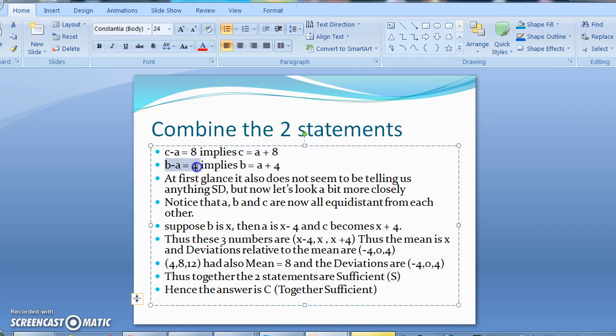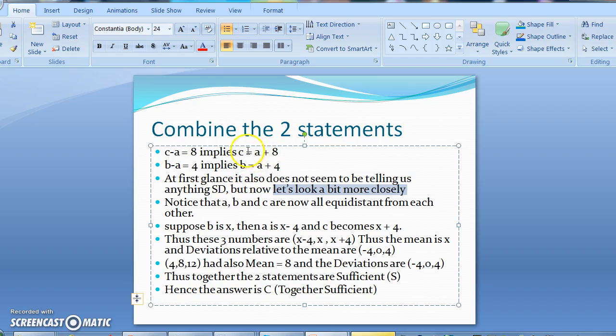Statement 2 says b minus a is 4, which implies b is 4 more than a. Now, at first glance, you might not observe, it might just appear that even if I combine these 2 statements, it does not tell me anything about SD, okay? But we have to look a little bit more closely. What will we observe? That b is 4 more than a and c is 8 more than a.